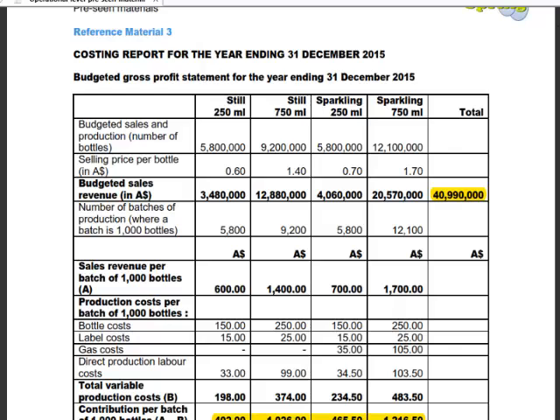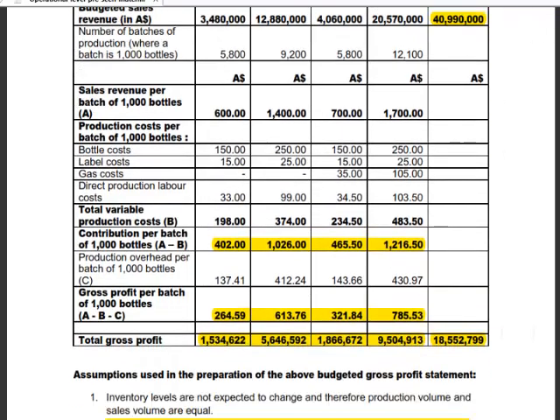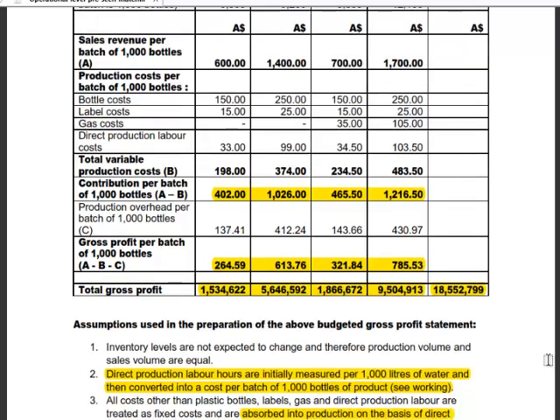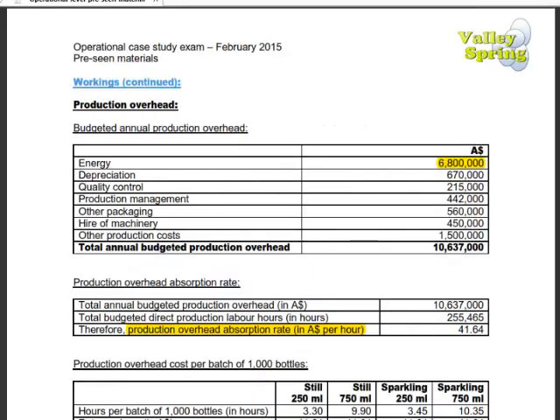The second one that might happen is that somebody may suggest that this method of allocating overheads using the absorption method, direct labor cost absorption method, is inappropriate when in fact the overheads are really only partially related to direct labor.